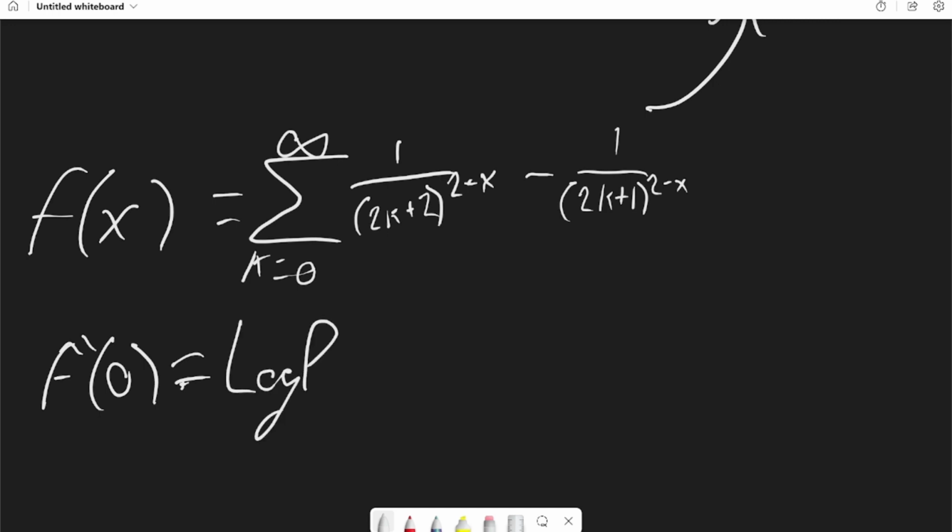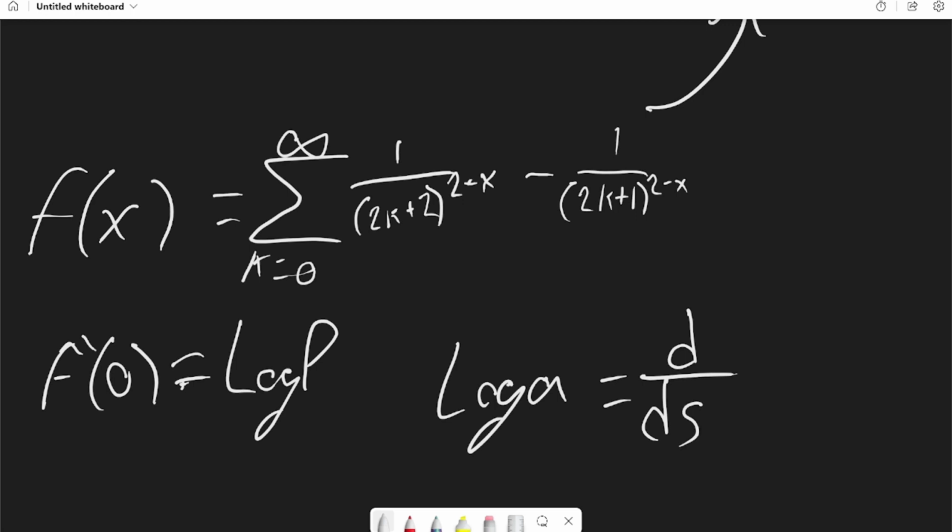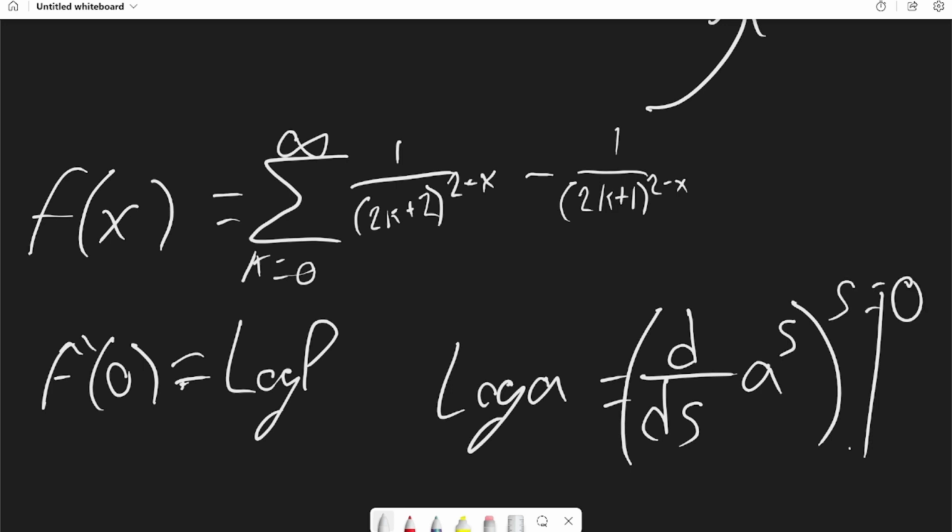Alright? And here's a way to prove it. So any logarithm, log of a, we'll say, is equal to the derivative d over ds of a to the s, but then we're going to let s go to 0, where we're evaluating at s equals 0 at the end, after the differentiation.